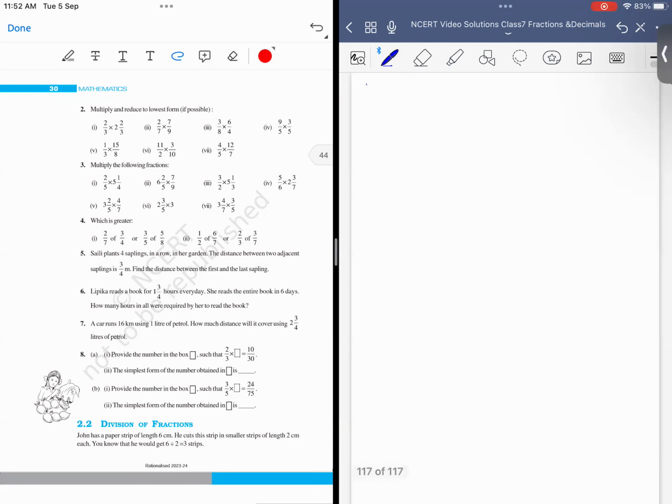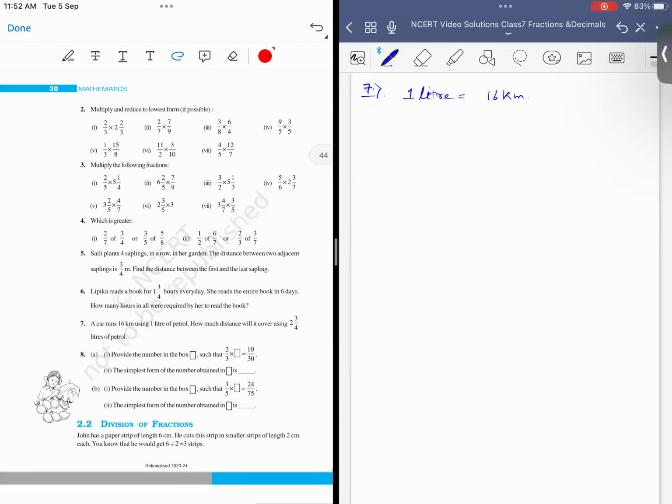Next, question 7. A car runs 16 kilometers using 1 liter of petrol. That means the mileage is 16 kilometers per liter. In 1 liter, it is going 16 kilometers.